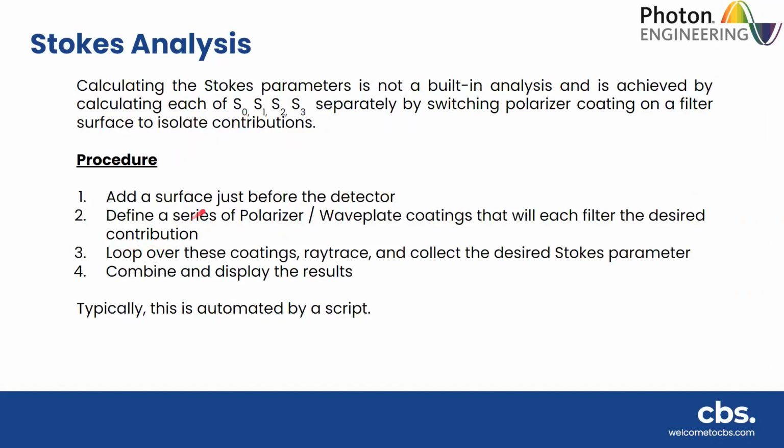So essentially, we're going to switch them off one by one, do the ray trace for each one, combine and display the results. So it actually requires 6 different ray traces in a loop to get the results we need. So obviously, not really suitable if you've got an hours-long ray trace calculation, but for simple models, it's a great thing to do.